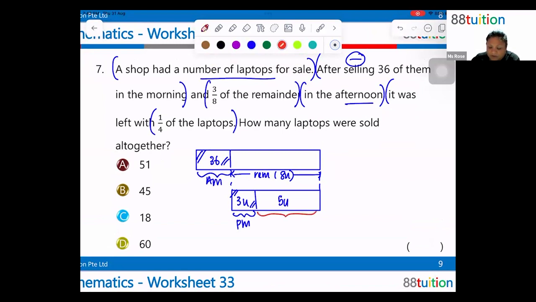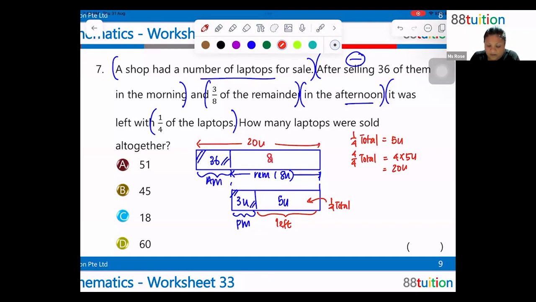So what you have here is the number of laptops left, which happen to be 1/4 of the total. That means if 1/4 of the total laptops is equal to 5 unit, that means the entire amount of laptops is 4 times 5 unit to give me 20 unit. That means this whole thing is 20 unit.